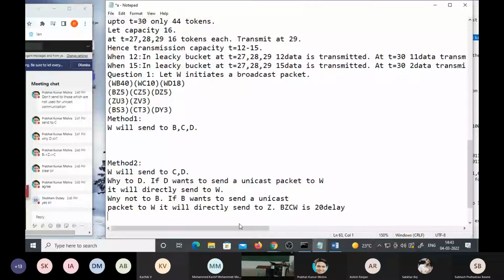Now, what will happen in method 1 next step?